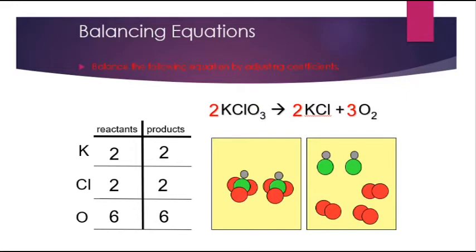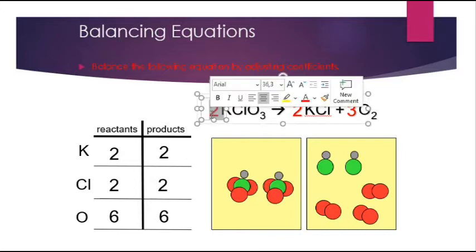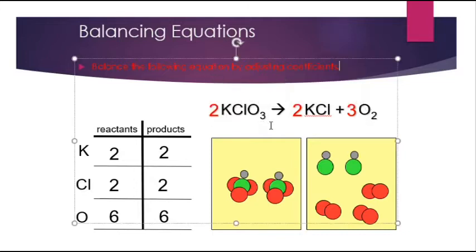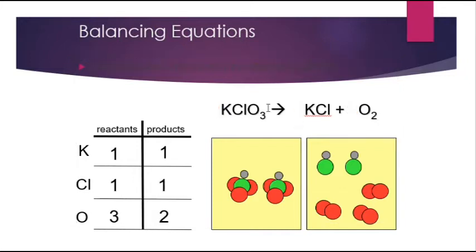It's already balanced. You need to, we have only one potassium, one chloride. It's balanced. However, the oxygen is not balanced. What shall we do to make it balanced?